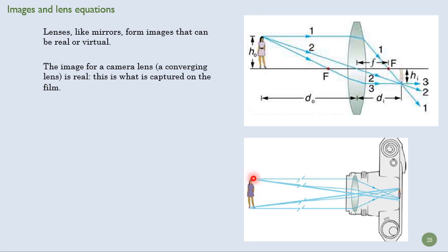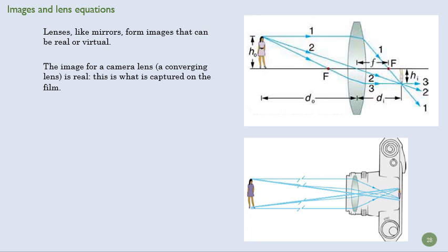And in a camera, that's important because we want an image to be formed on the film, in the old days, that matches what was happening on the outside, right?